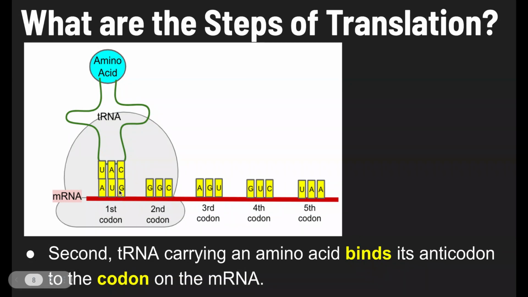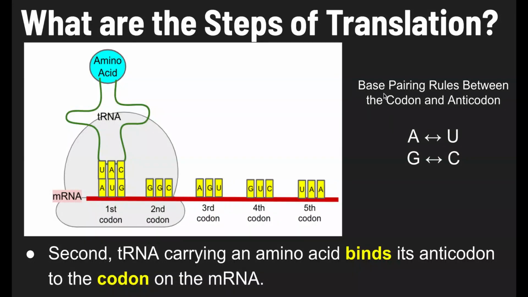So AUG represents the first codon on this mRNA. The second codon would be GGC. The third codon would be AGU. So you can see every 3 letters on the mRNA represents a codon. The tRNA that has an anticodon that complements the codon binds. That's what happens in this second step of translation.